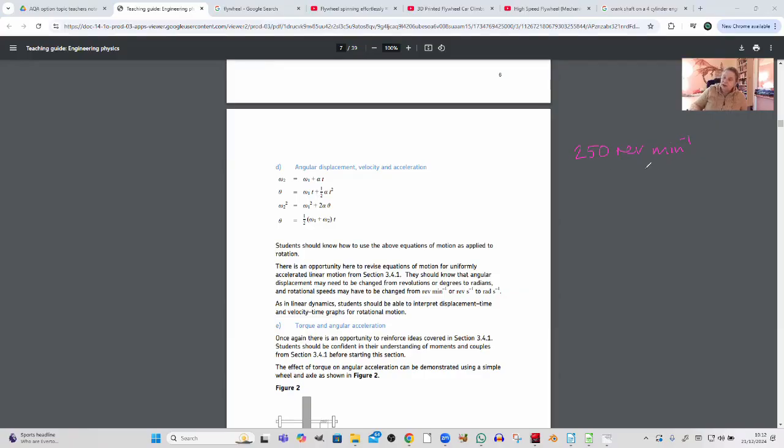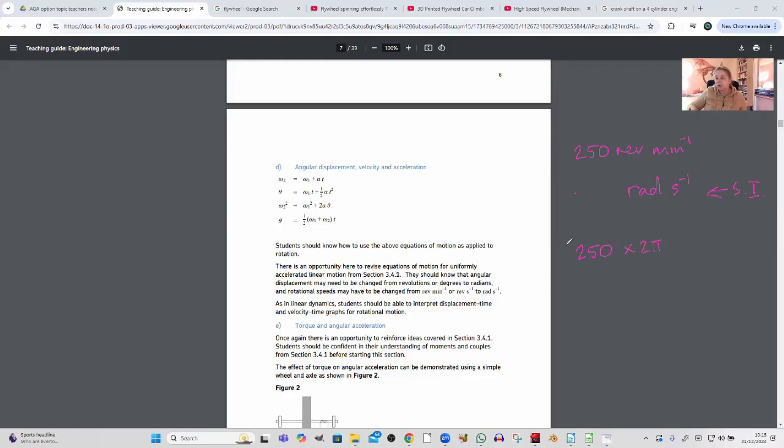But let's imagine that this is the speed, and we want the angular speed, omega. They've given you omega, but it's in revolutions per minute, so we've got to change the units. We need it in radians per second, which is the SI unit. So we take our 250 revolutions, and one revolution is 2 pi radians.